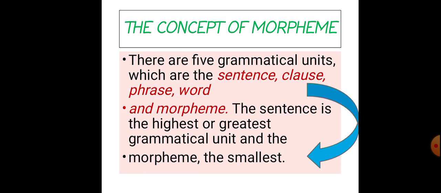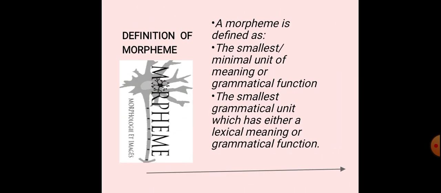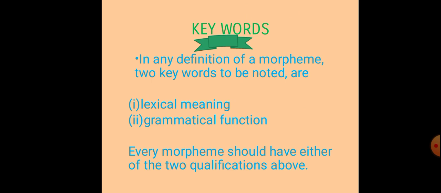The sentence is the highest or greatest grammatical unit, and the morpheme is the smallest. A morpheme is defined as the smallest unit of meaning or grammatical function. It can also be seen as the smallest grammatical unit, which has either a lexical meaning or grammatical function.